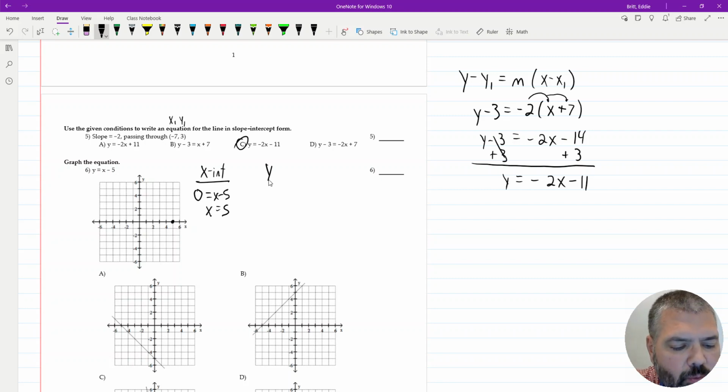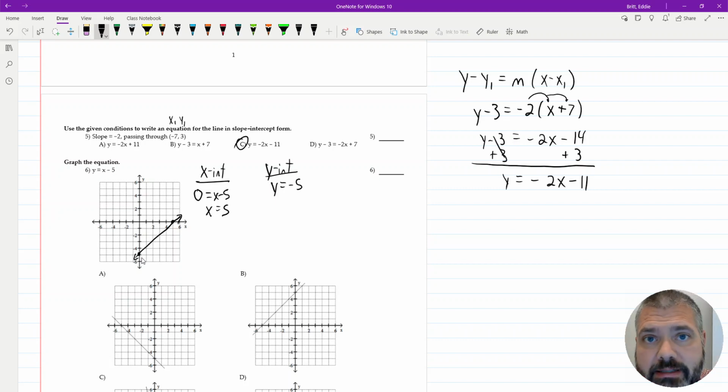And then if I find the y-intercepts, I do just the opposite, I guess you could say. I set my x equal to 0 and solve for y. Well, if I set my x equal to 0, that's going to give me y equals negative 5. So put a point at negative 5. And now if I connect the points like that, that's my graph.